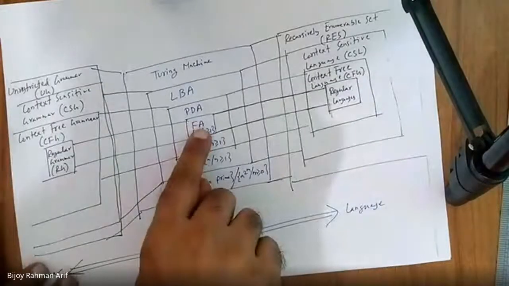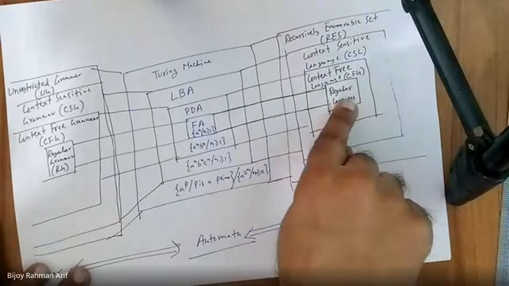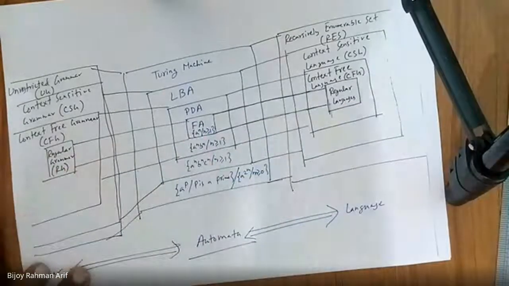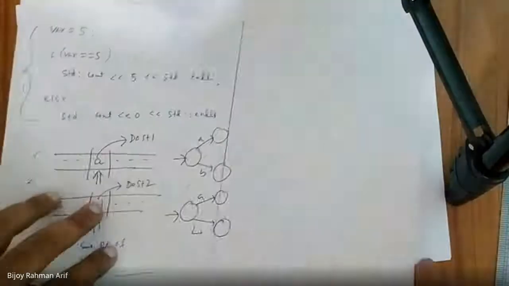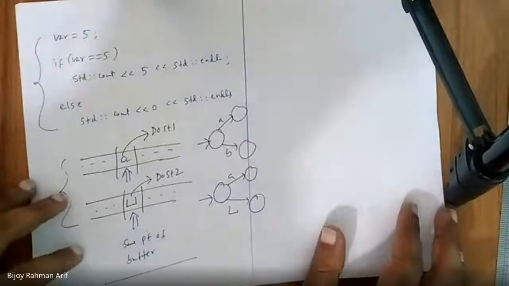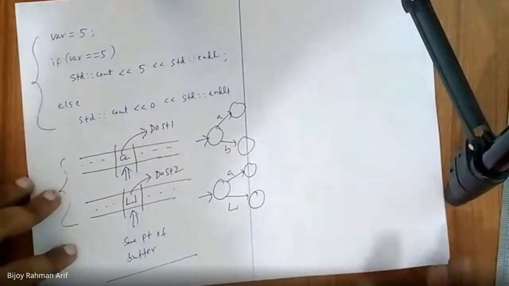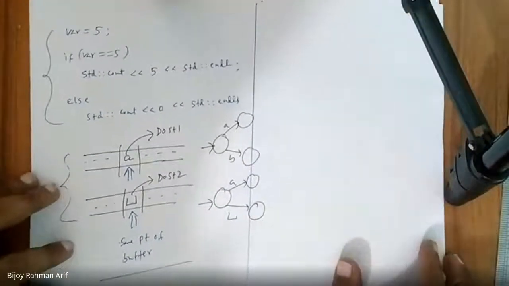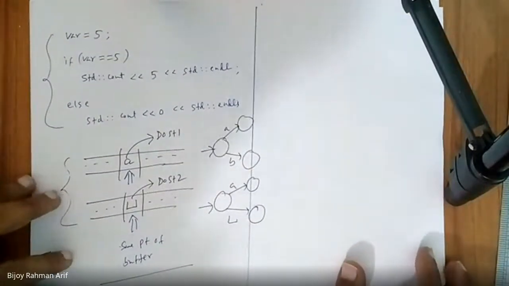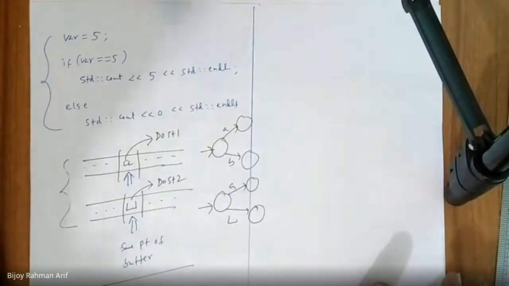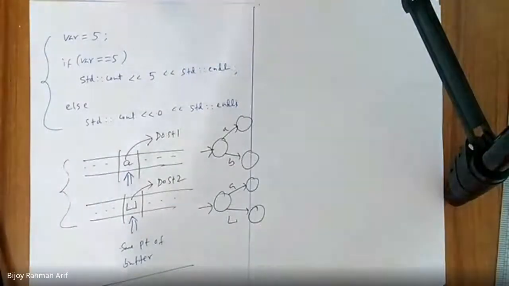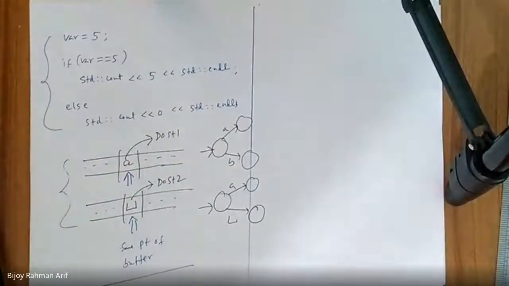Finite automata have an equivalent regular language and an equivalent regular grammar. Now, sir, how can you prove that? If you ask me how to prove that any regular language can be accepted by a finite automata, or any finite automata has an equivalent regular language, how can you prove that?